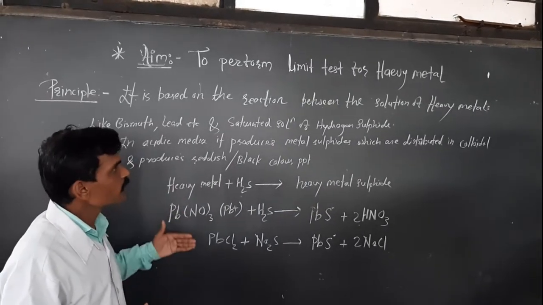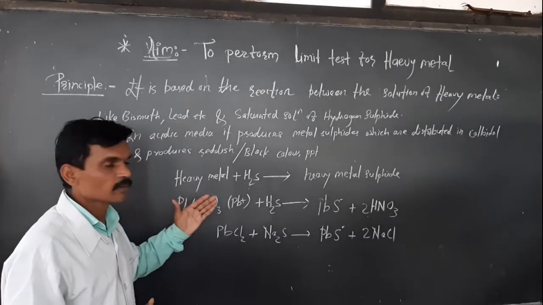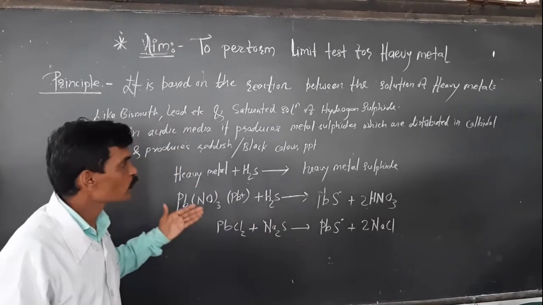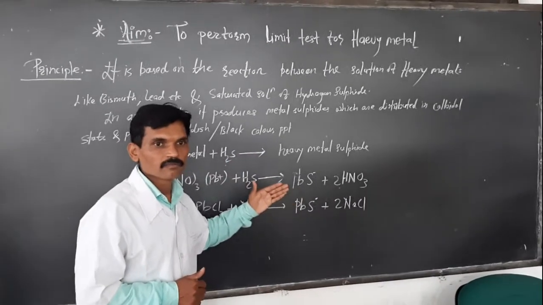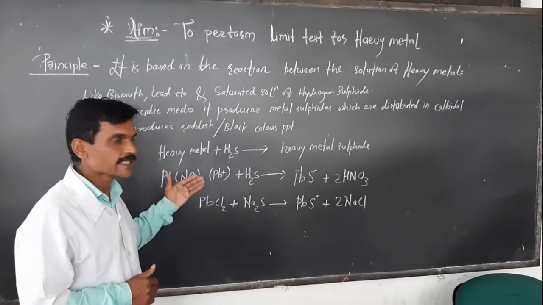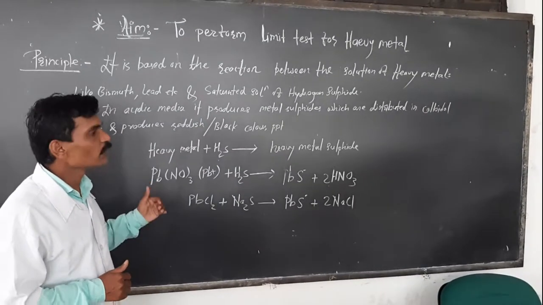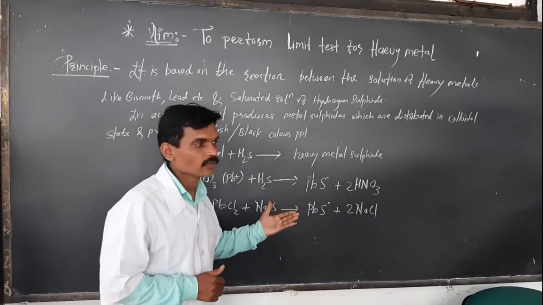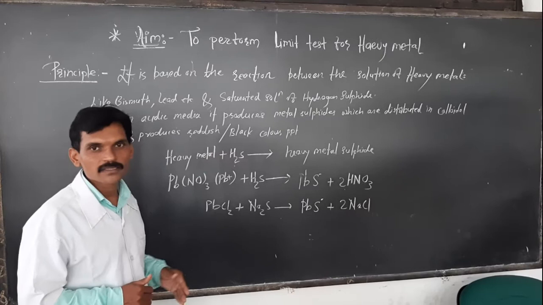If the black precipitate produced in the test sample is less than that of the standard, then we can conclude that the given test sample has fewer soluble lead impurities than the standard, that is, within the pharmacopoeia limit, and the sample passes the limit test.